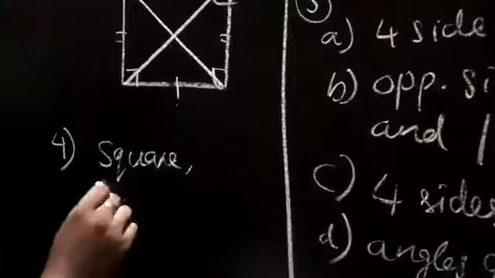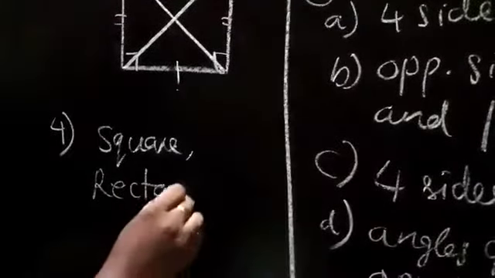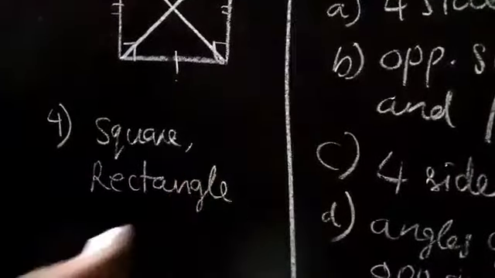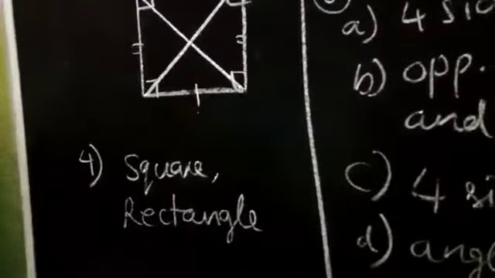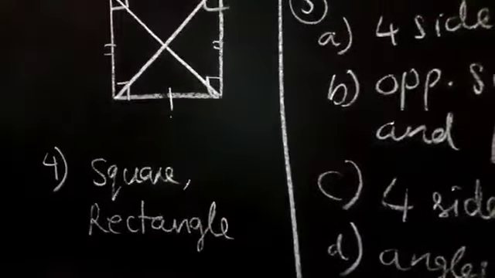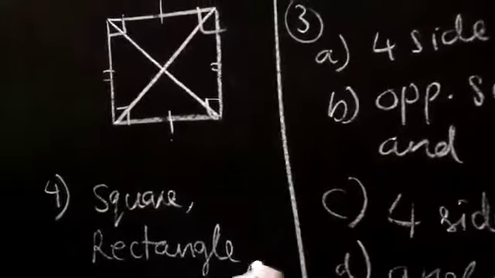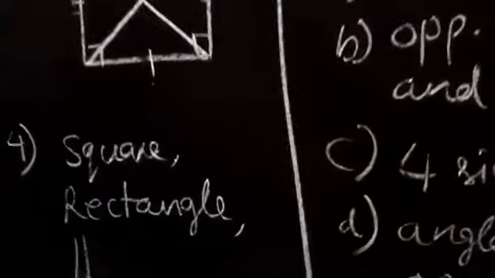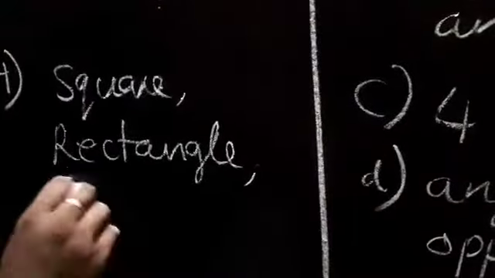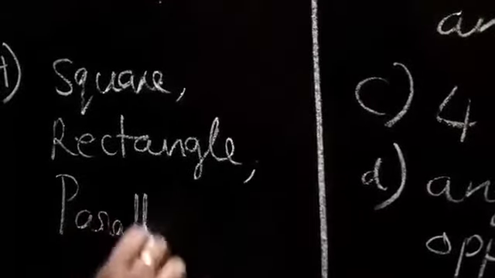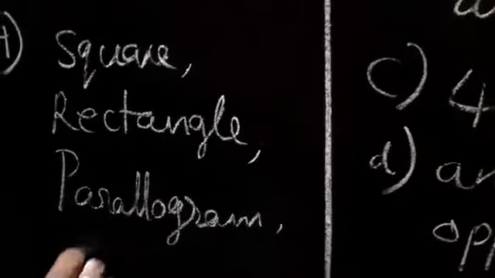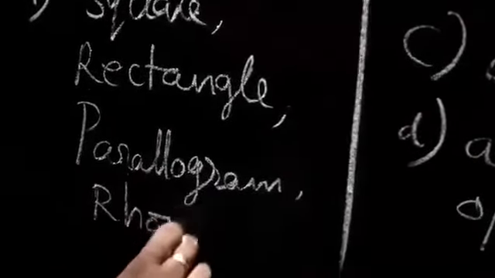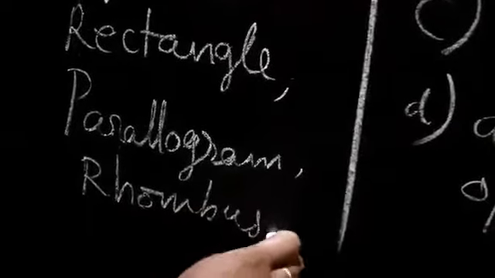Square and rectangle bisect each other, and parallelogram and rhombus also will bisect.